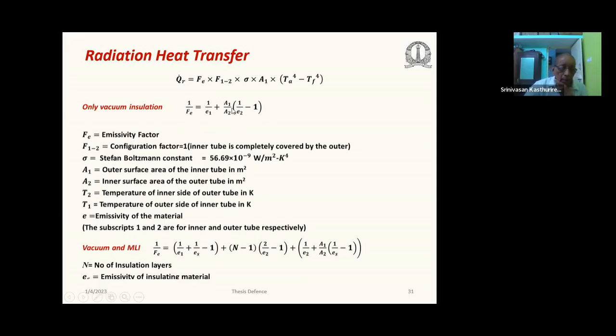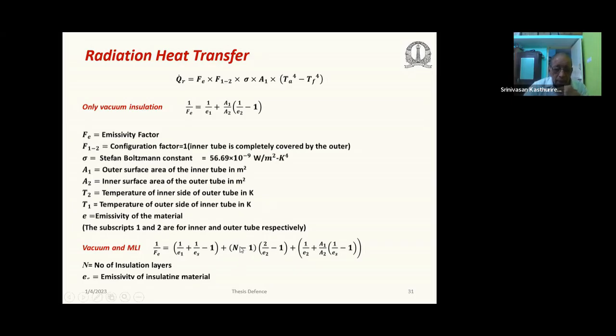On the other hand, if you have multi-layer insulation along with the vacuum, then Fe changes like this: 1 by Fe is equal to 1 by E1 plus 1 by E2 minus 1, where these represent the emissivity of the surfaces.